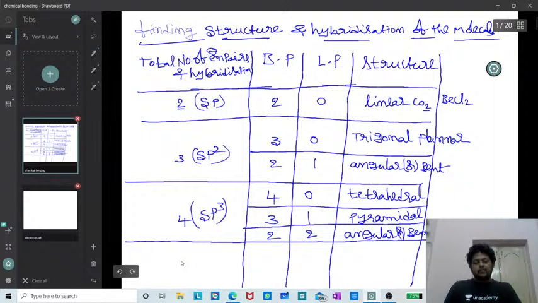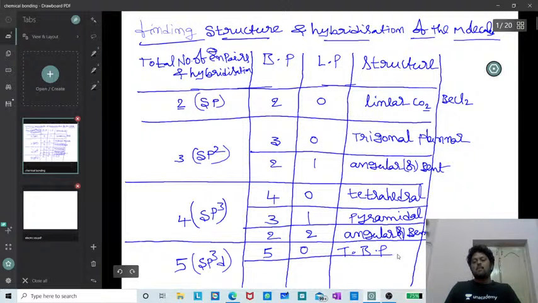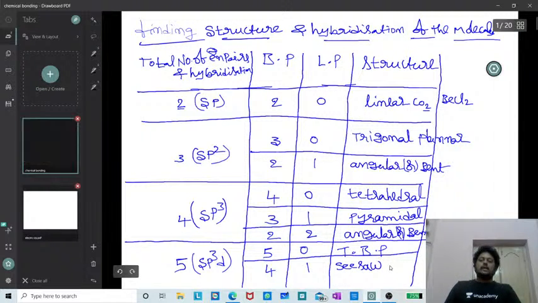Next, if the total electron pairs are 5, 5 hybrid orbitals, the hybridization is sp3d. In that, 5 bond pairs, 0 lone pairs, structure is TBP, trigonal bipyramidal. 4 bond pairs, 1 lone pair, the structure is seesaw, also called distorted tetrahedral.